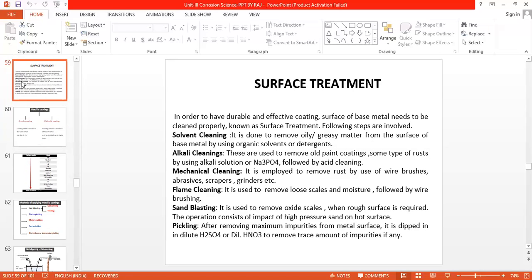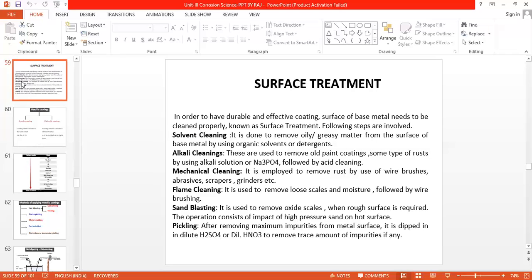Another method also is possible, sandblasting. It is used to remove oxide scale when rough surface is required. The operation consists of applying the high pressure sand on the hot surface and pickling.